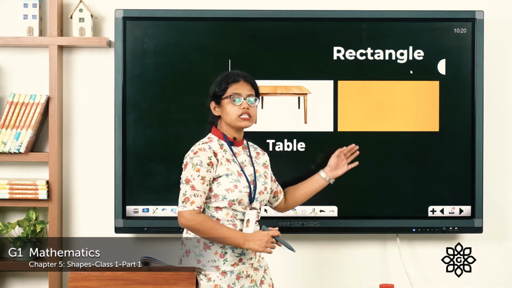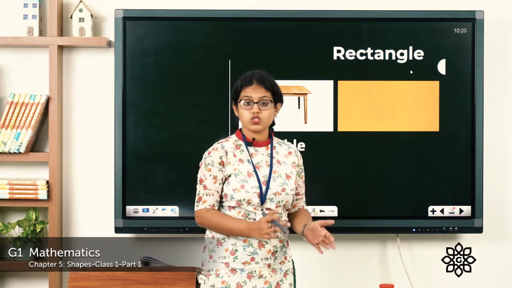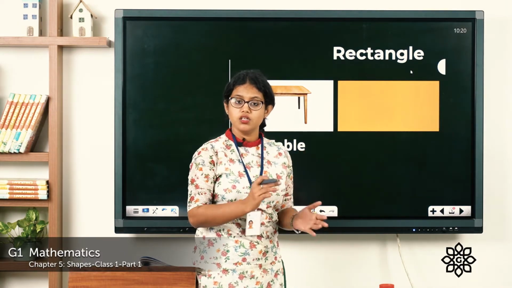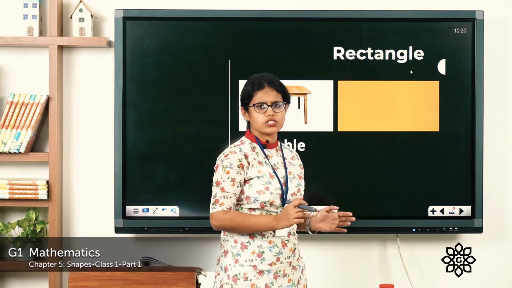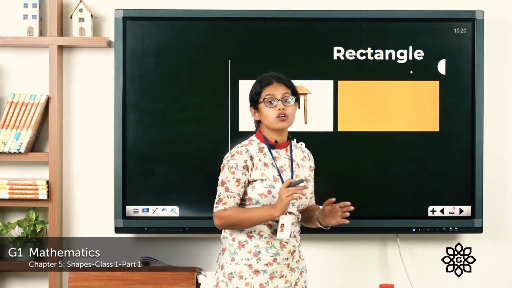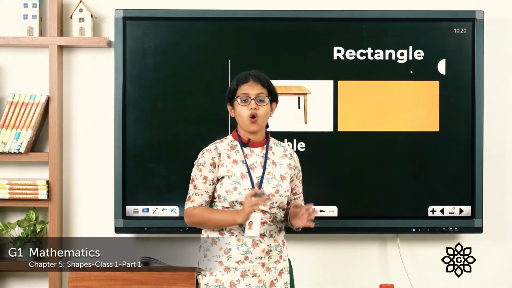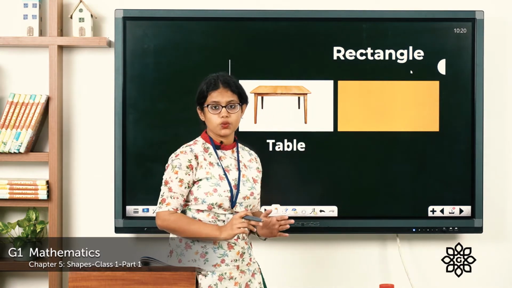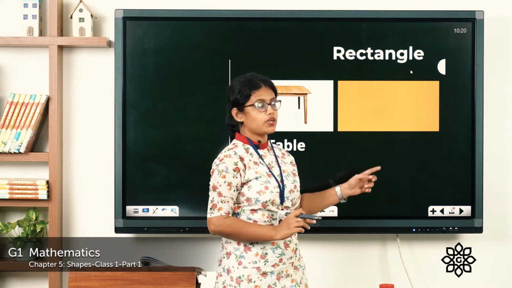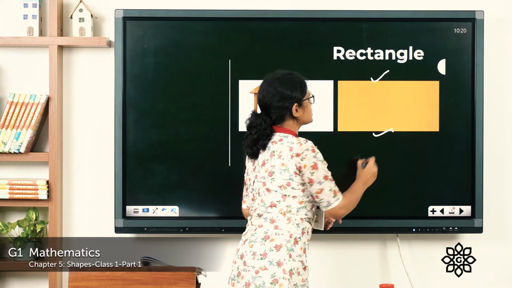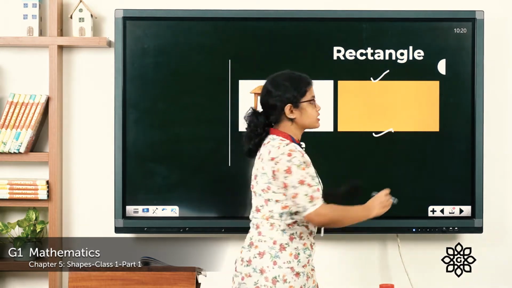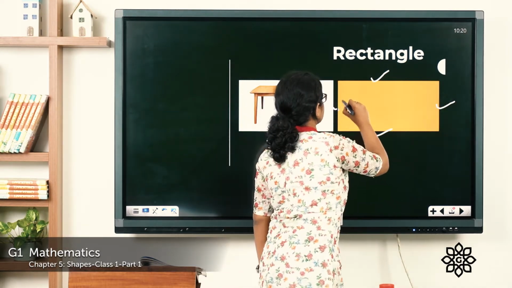Then what shape is this? This shape also has four sides. So is this shape the same as a square? No. If you closely observe it, you can see a difference. For a square, all four sides are equal. But for this shape, there are two long sides and two short sides.